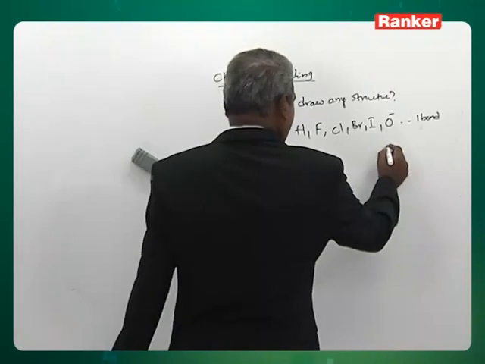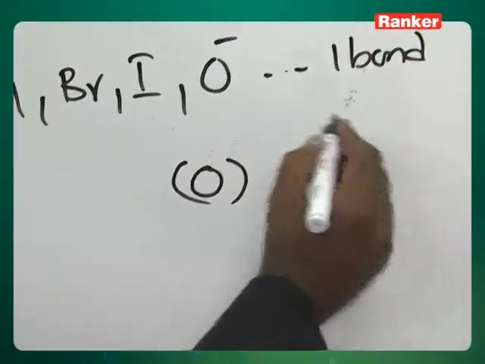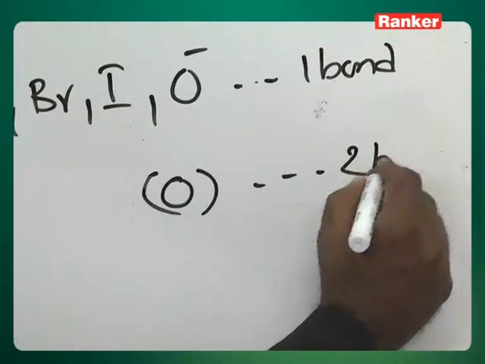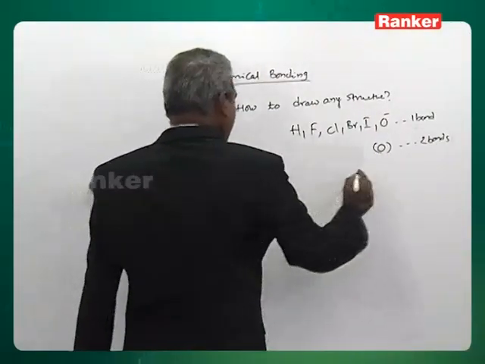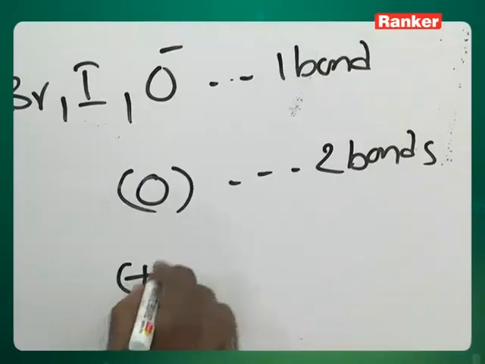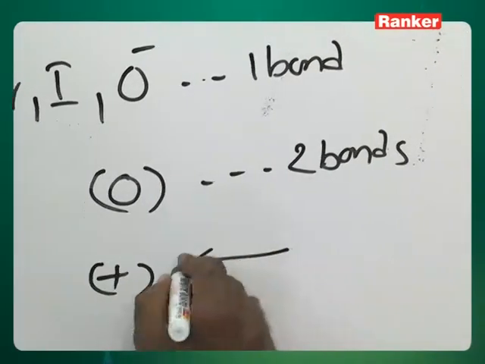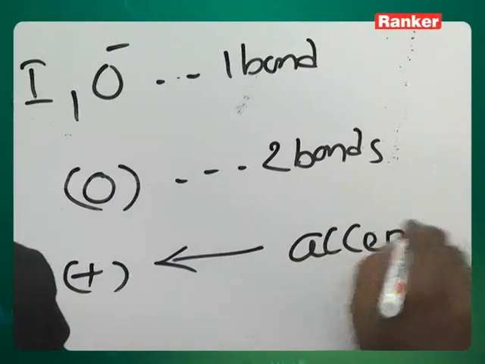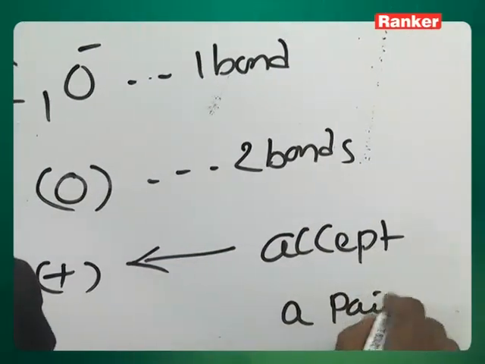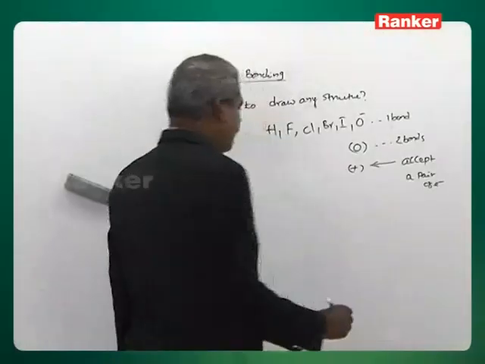And oxygen, wherever it is a terminal atom, forms two bonds. And the role of any plus in a group is to accept a pair of electrons, a lone pair of electrons.